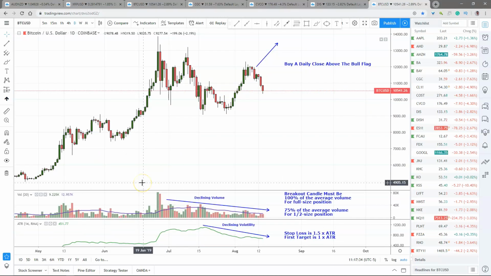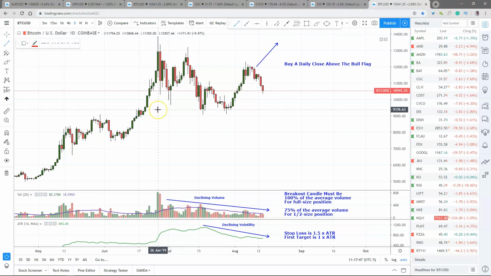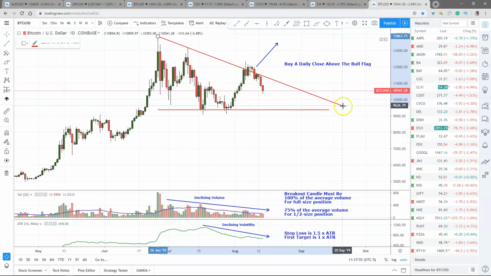And lastly, let's take a look at Bitcoin again, because we have a situation here where there's more than one pattern on this particular instrument. Right here has the potential to be a descending triangle, like so.